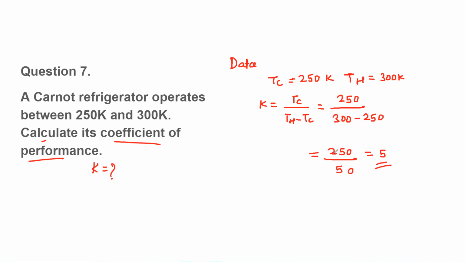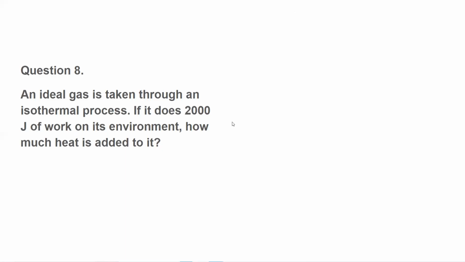Now let's move to next question, that is question number 8. An ideal gas is taken through an isothermal process. If it does 2000 joule of work on its environment, how much heat is added to it?